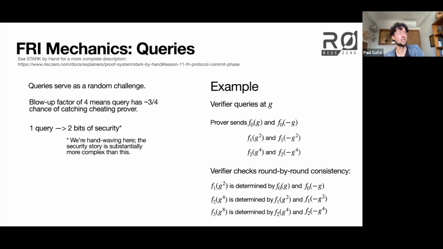Hopefully I got my point across there. Yeah, we need a root of unity with a high power of 2 multiplicative order.